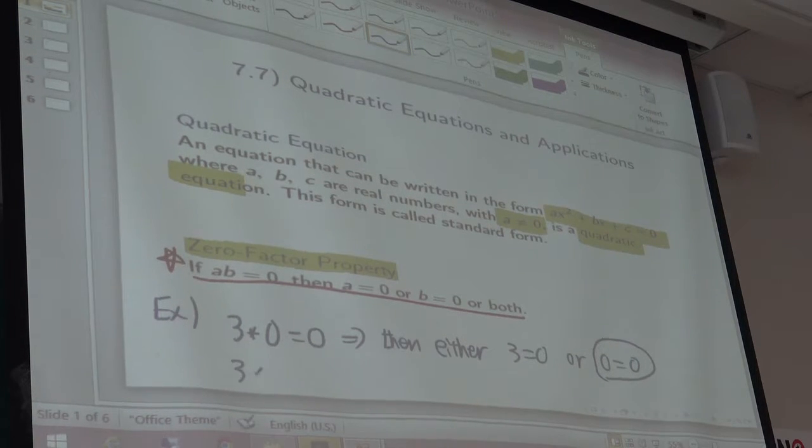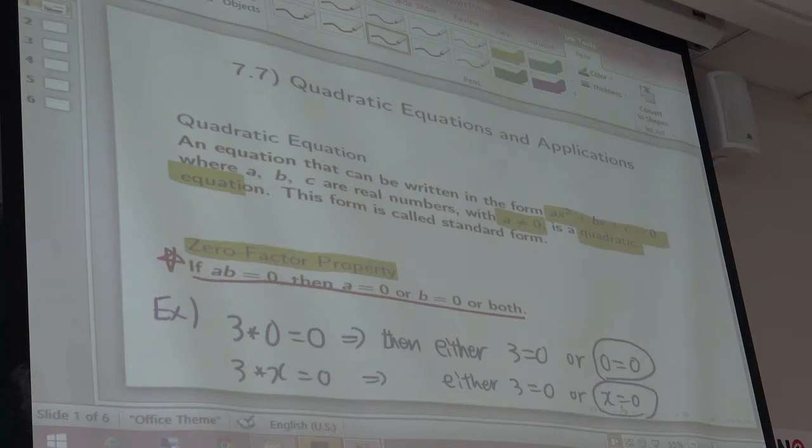Now 3 times x is equal to 0 implies either 3 is equal to 0 or x is equal to 0. I think we solved this kind of thing in the first example. So 3x is equal to 0 means we divide by 3, so we get x is equal to 0 over 3. So one of these is true.